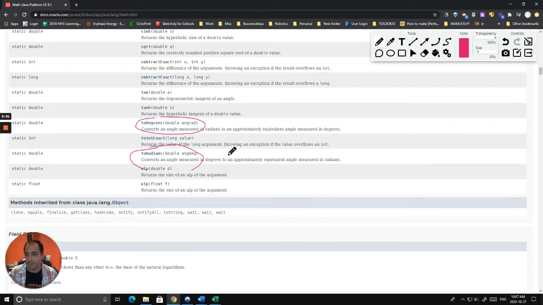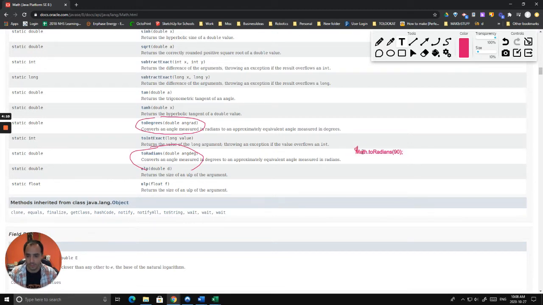And so the first of the useful functions here is toDegrees and toRadians. What this will do, especially this one down here, is take a number that we know in degrees, like 90 degrees, and turn it into this radians representation system. The way I would use this is I would say Math.toRadians, put in my degrees, and this will give back to me a double representing the radians of that.